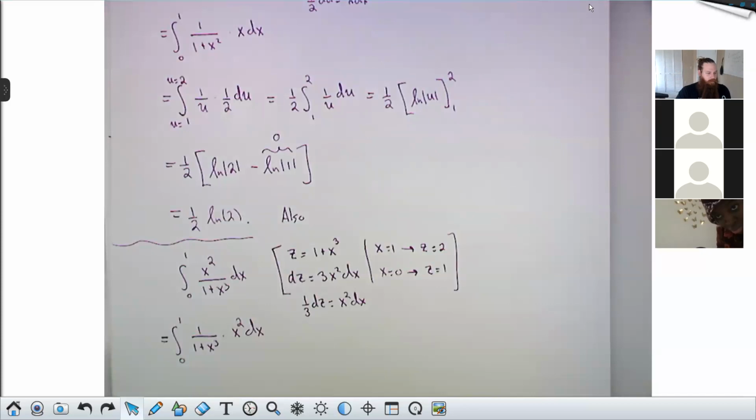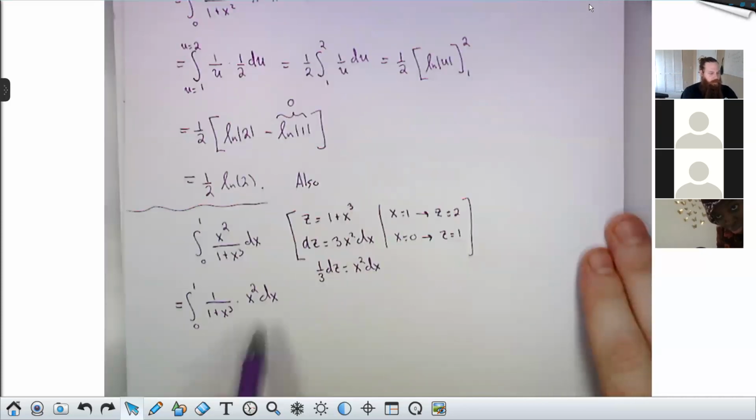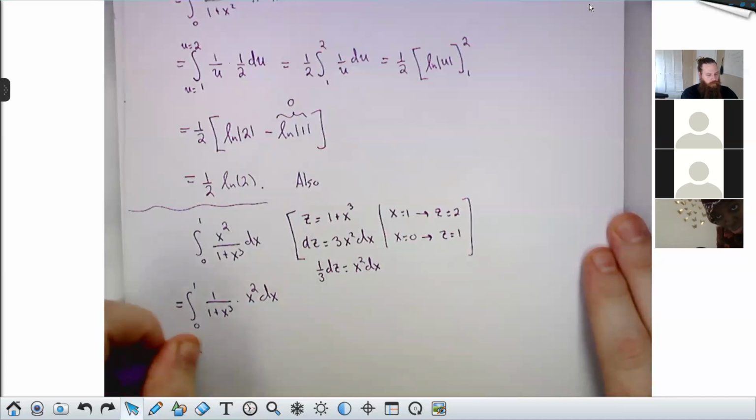Not a problem. So from here, this piece I can replace by 1/3 dz. This will be 1 over z, and the integral will now go from 1 to 2.